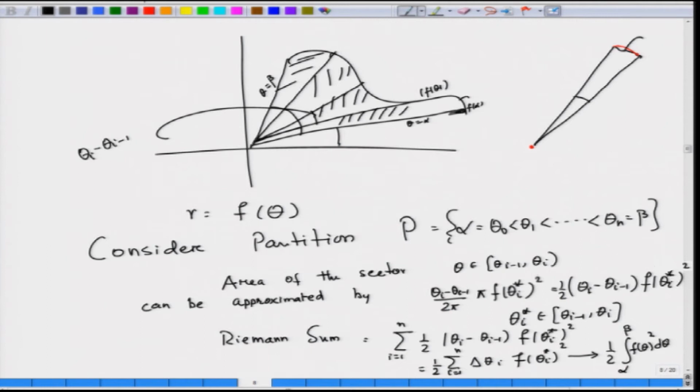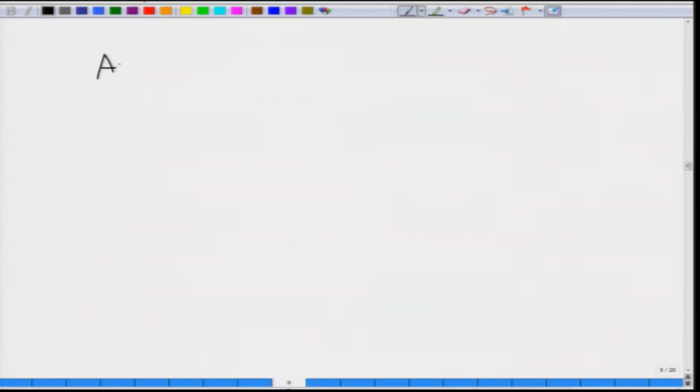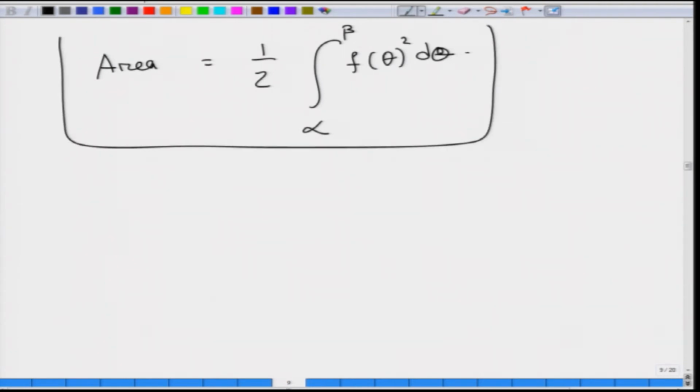So, area is equal to 1 by 2 integral from alpha to beta of f of theta square d theta. Now, we have derived a cute formula for the area if our curve is given in terms of polar coordinates.